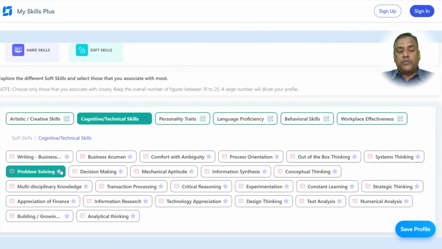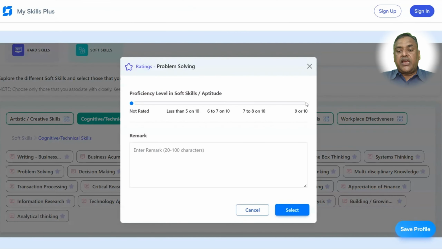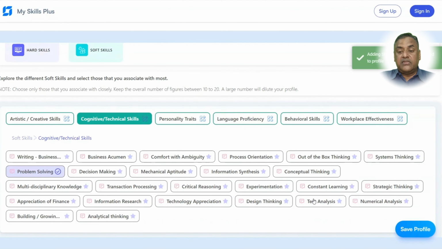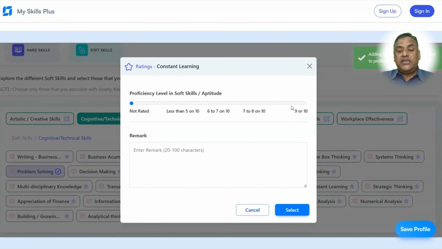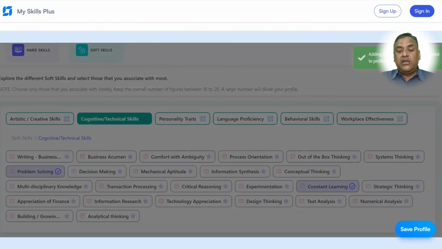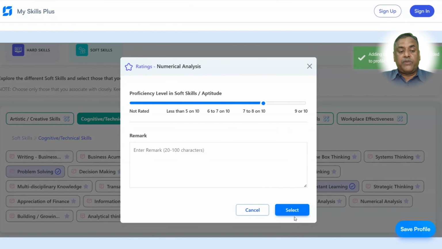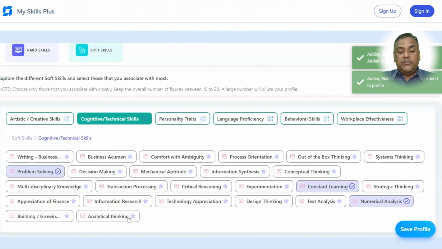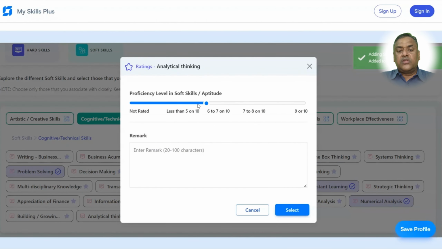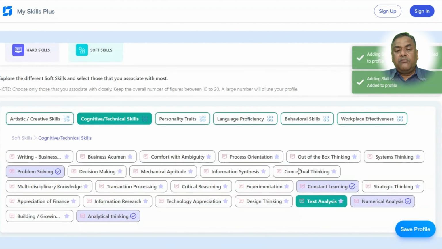Maybe I'm very good at problem solving, and let's say I consider myself 9 out of 10, which is too bombastic, but nevertheless, let's take that as an example. And then let's say I invest quite a bit in constant learning, and my numerical analysis skill is a strength of mine. I'm quite good at it. Similarly, analytical thinking. These are also some of the skills which are important for a business analyst.